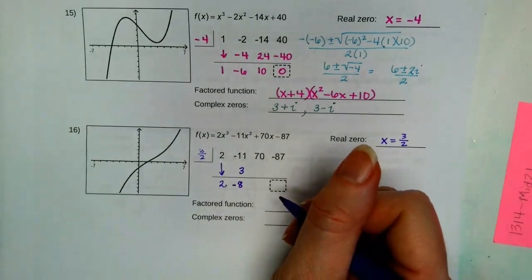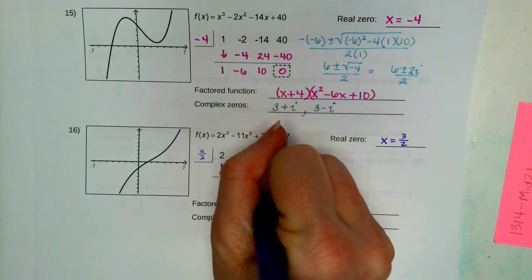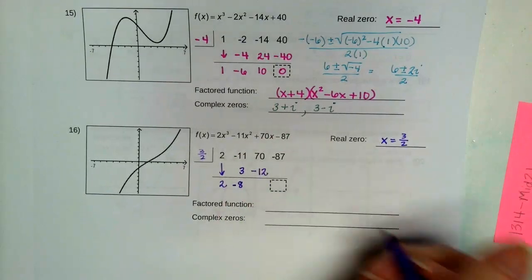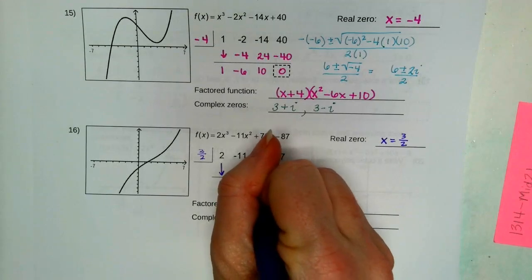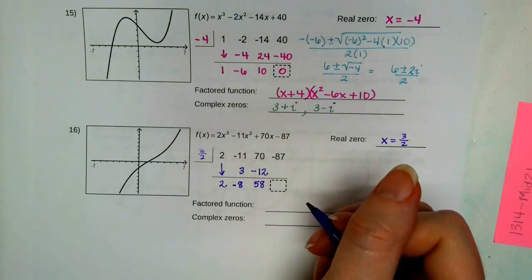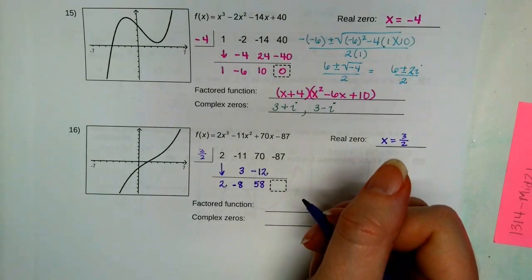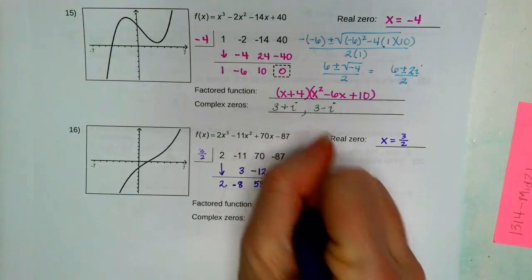Negative 8 divided by 2 is negative 4 times 3 is negative 12. Add straight down. And that's 58. 58 divided by 2 is 29. Times 3 is 87.